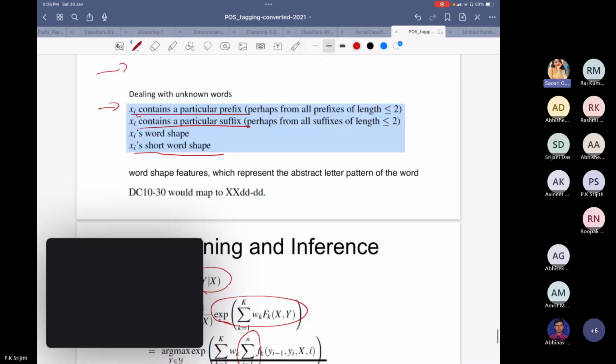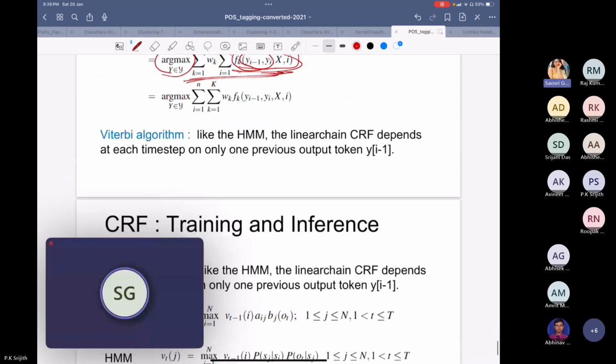So, sir, this is Jurafsky and Martin, right? Just for asking, what are the topics that we are planning to cover in the next classes?